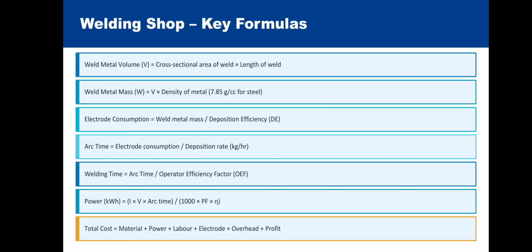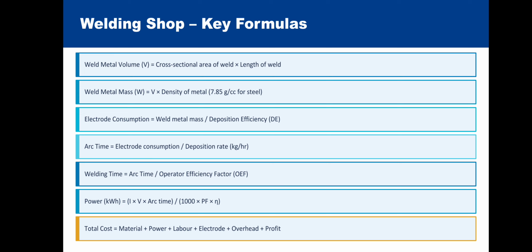Arc time is the time the labor or the worker takes to weld. So we can find out the equation. Power is equal to I into V into arc time divided by 1000 into PF into eta.